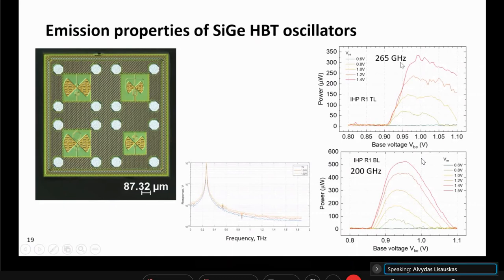At 265 we get more than 300 microwatts emission, and about 500 microwatts emission at 200 gigahertz. This is just a single spot, pretty good emission. Now, since it's a fundamental oscillator, there is a difference in higher harmonic content, because this fundamental oscillator is extremely clean, showing fundamental emission here.